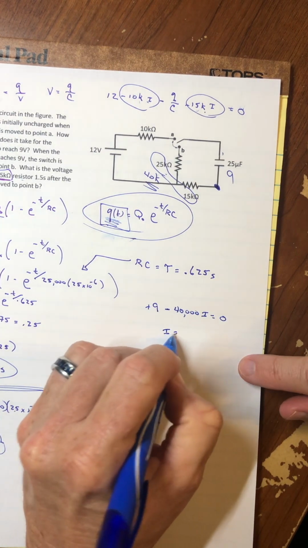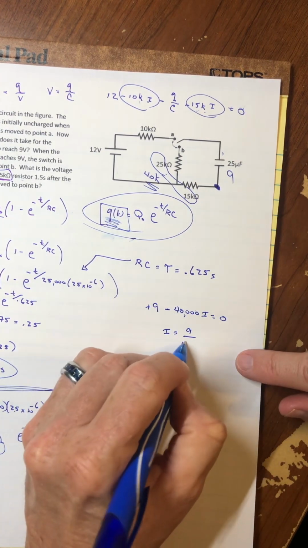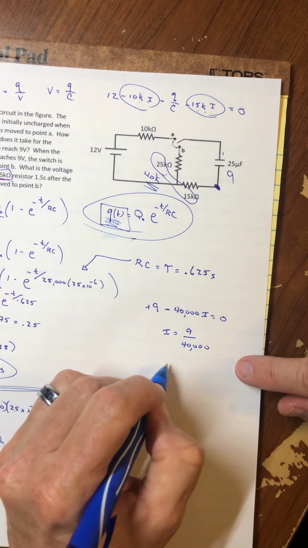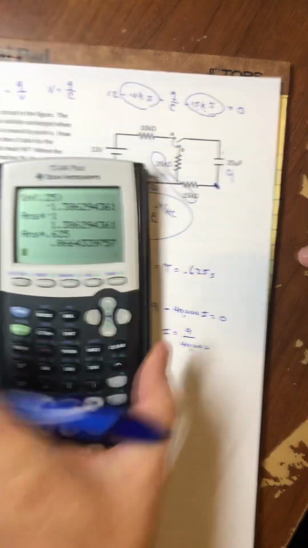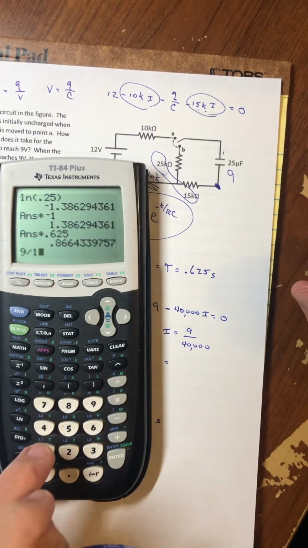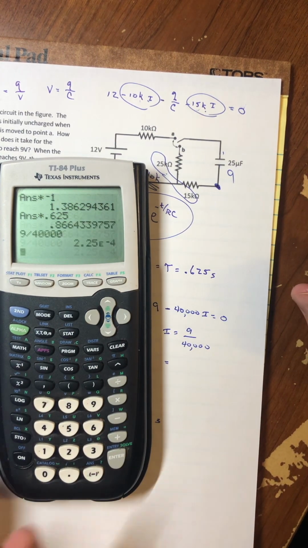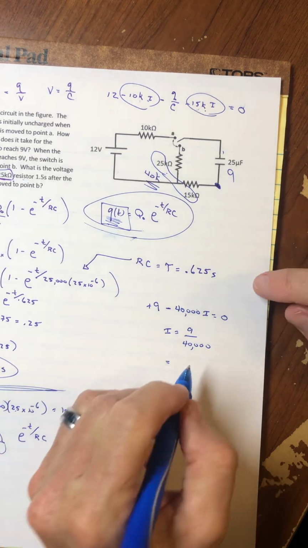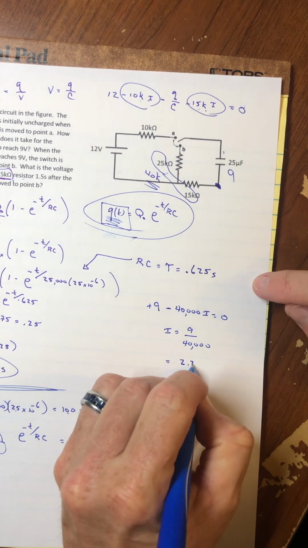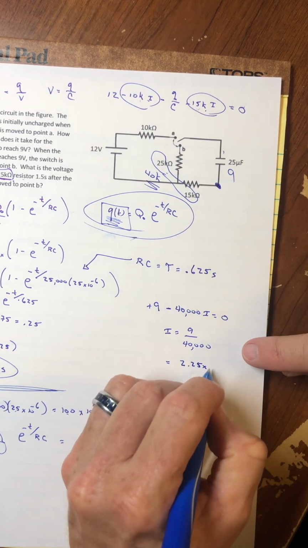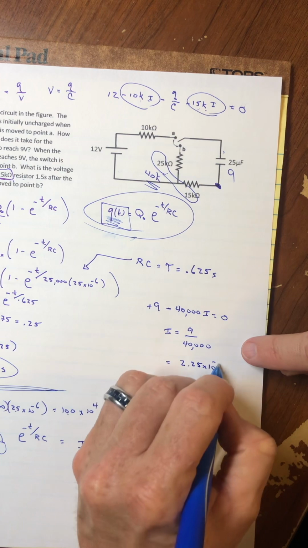So in other words, the initial current is, of course, the initial voltage divided by the resistance. So this is 9 divided by 40,000. And so we're looking at 2.25 times 10 to the minus 4.